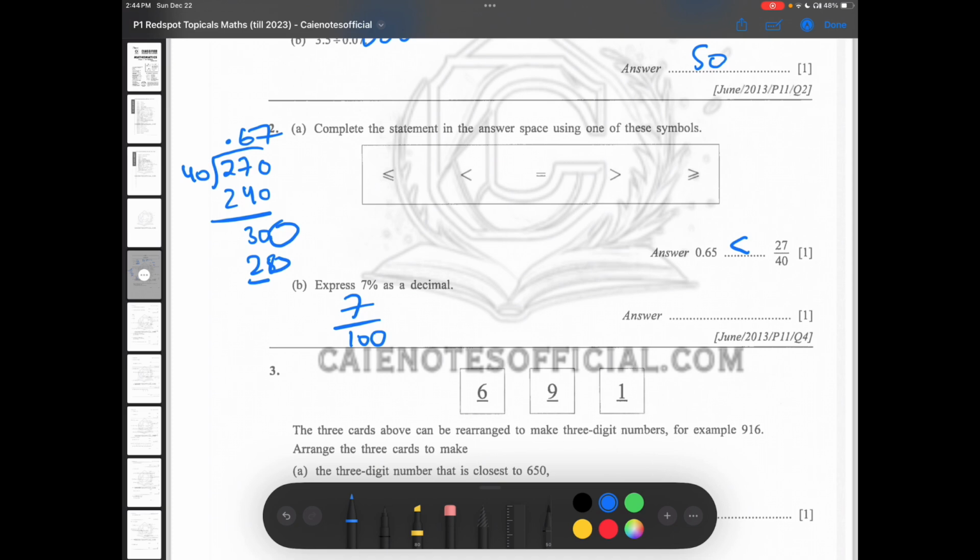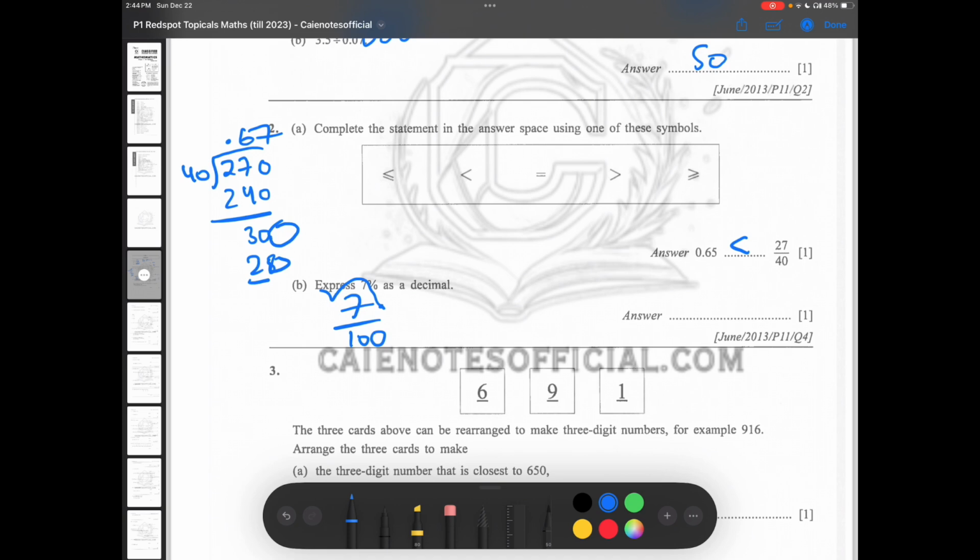Now to write this fraction as a decimal, just remember whenever you divide any number by 10, 100, 1000, don't do the long division method. Just move the decimal before the number. Right now I have the decimal over here, so I will move the decimal two places backward as I am dividing by 100.